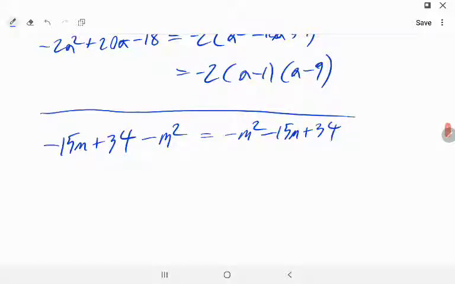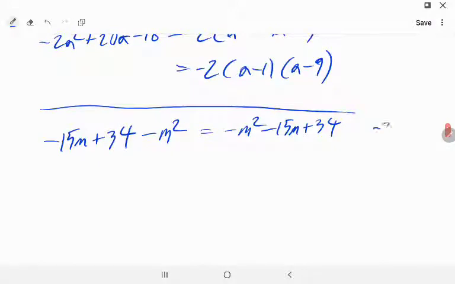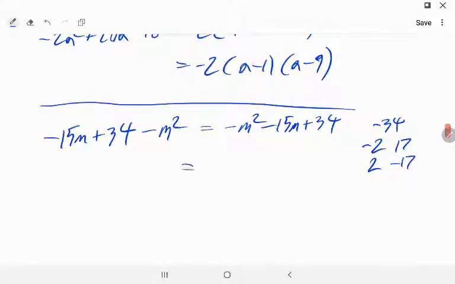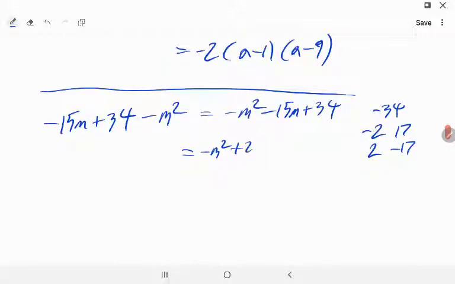Then we want factors of negative 34 that give negative 15. So we know negative 2 and 17 gives us positive 15, so we need positive 2, negative 17. So we get negative m squared plus 2m minus 17m plus 34.